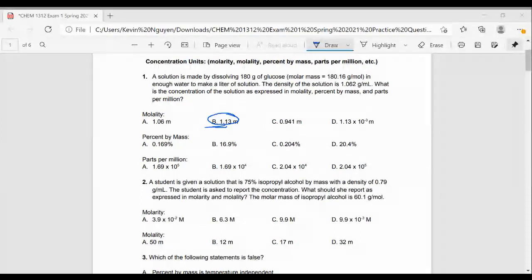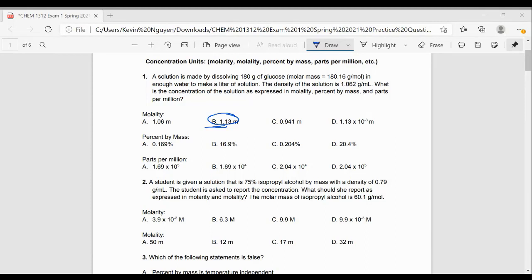Then when you divide, you should get a fraction. You multiply it by 100 to get percent. Let me double check the key for this one. Yes, for percent by mass, it should be B, which is 16.9%.